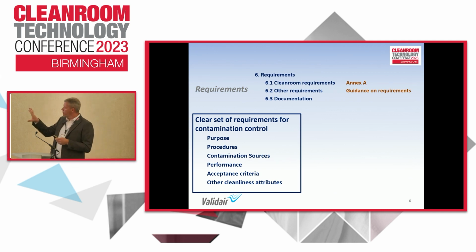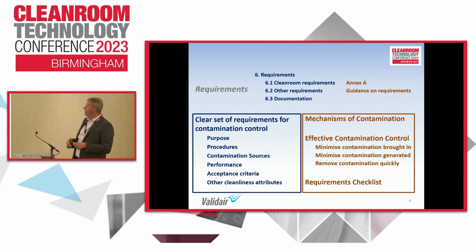So the requirements section now lists out a number of things to consider when you're putting your requirements together. In the annex of that, it gives some information on the mechanisms of contamination. As you're looking to put your requirements together, you go to the annex to get an understanding of how contamination ends up in my clean room, how it moves around in my clean room, and how we minimize that contamination.